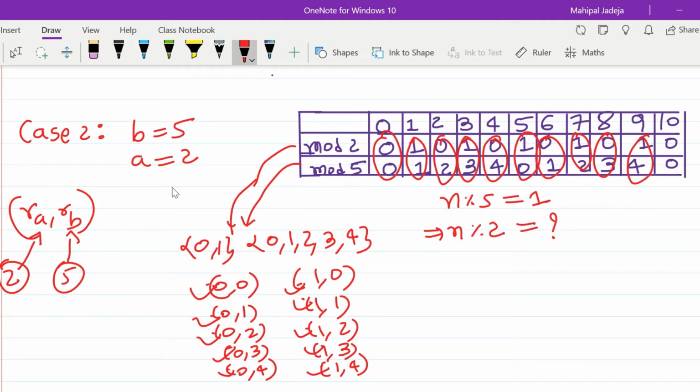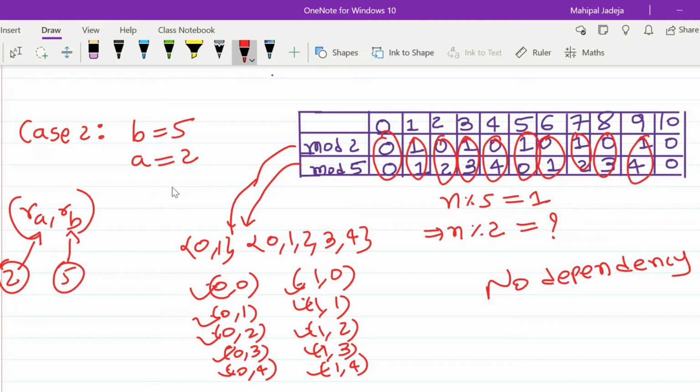So that means everything is present, so there is no reduction in terms of number of possibilities. So if I say n modulo 5 is 1, then in this particular scenario I can't say anything about n modulo 2, right? So in that sense I can say that there is no dependency in this particular case.